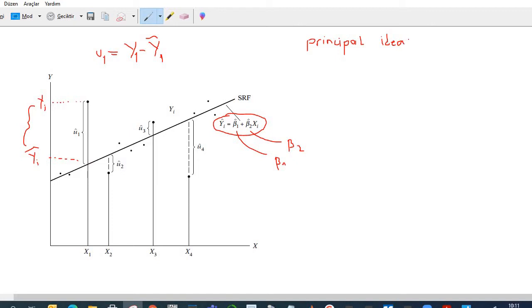In this case, we have to find a distance by drawing this linear regression line, which is passing, and while it's passing, it's creating the minimum distance between the residual terms. So this is our principal idea. We are drawing the line to obtain minimum distance.